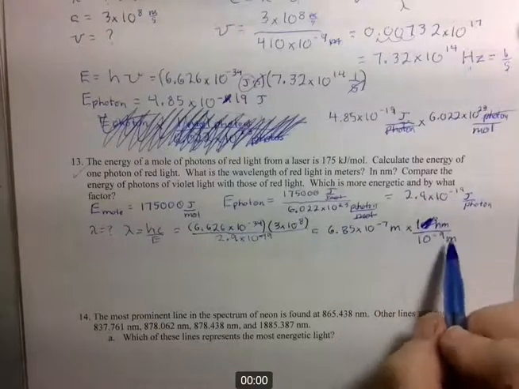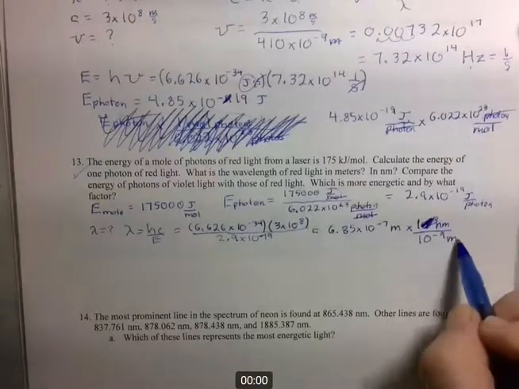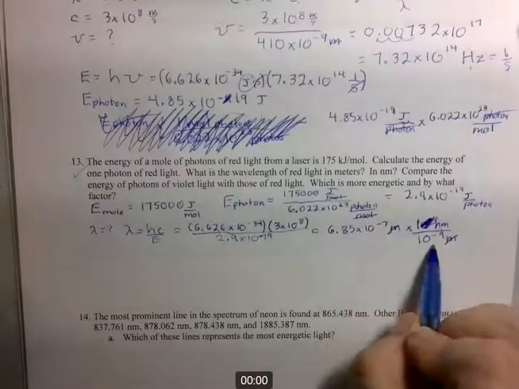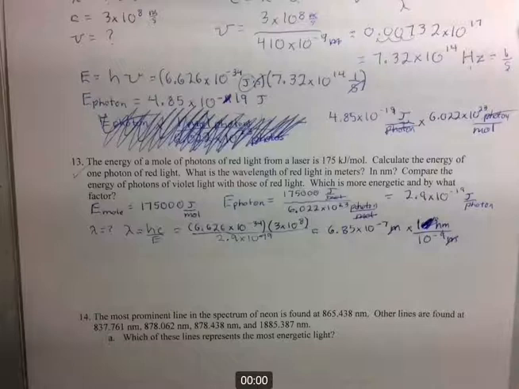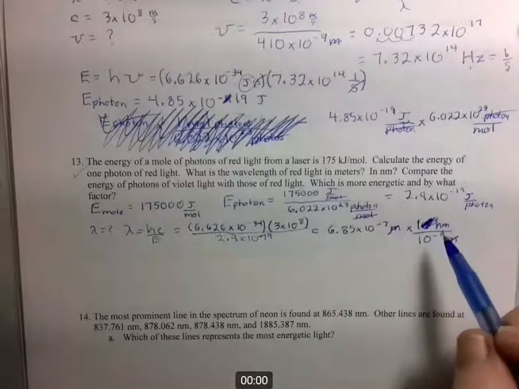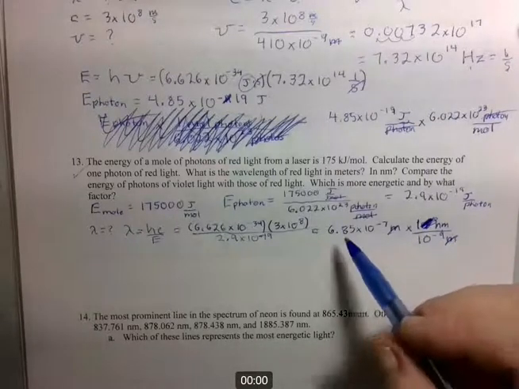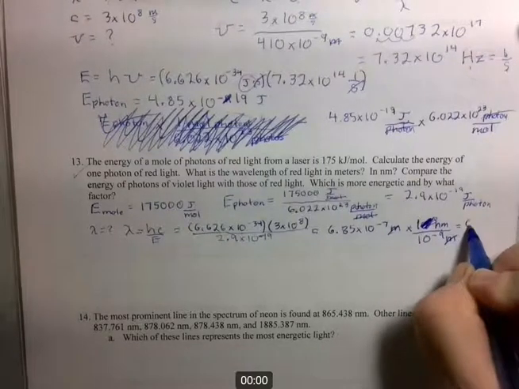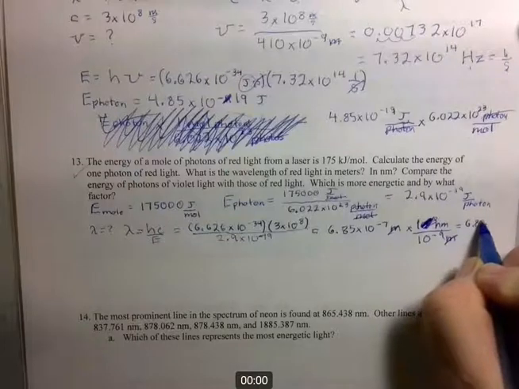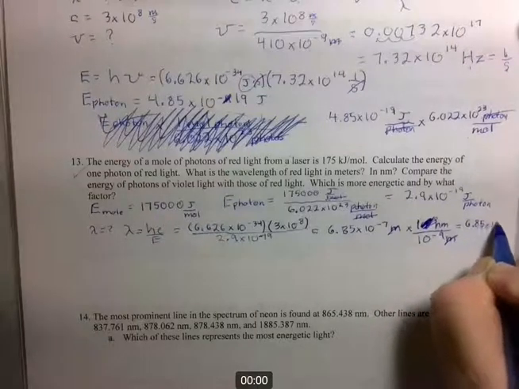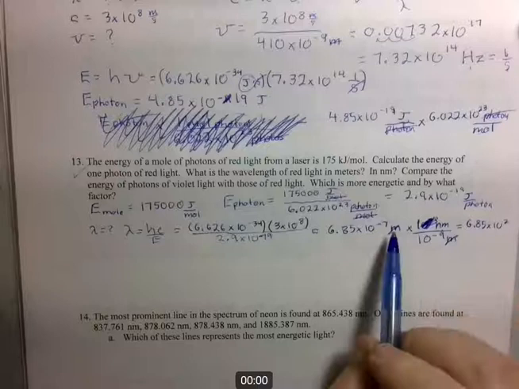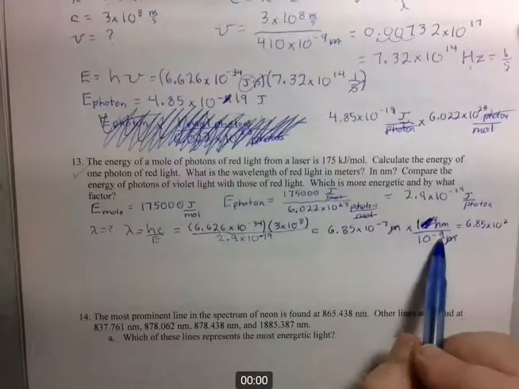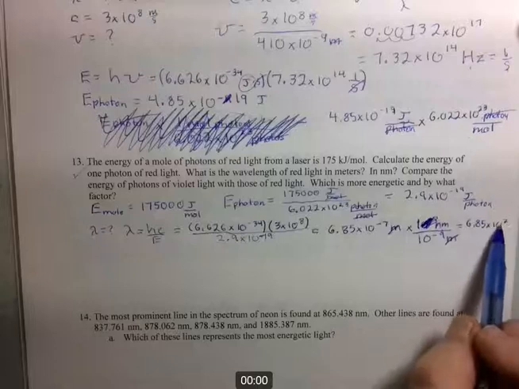There's 1 nanometer equals 10 to the minus 9th meters. So meters cancels with meters and you end up with nanometers. So divide this number by 10 to the minus 9, and that's going to give you 6.85 times 10 to the 2. Again, negative 7 minus negative 9 is negative 7 plus 9, gives you positive 2.